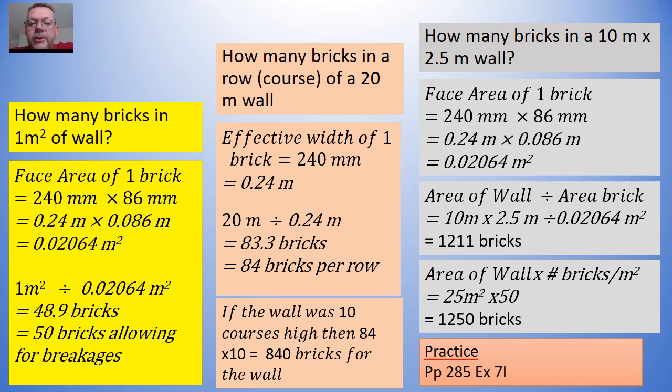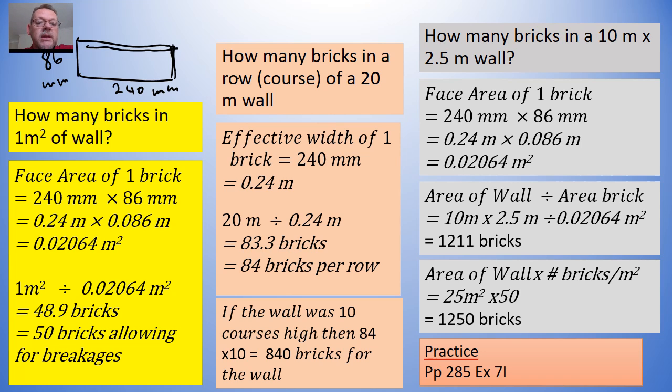So if I want to first of all calculate the number of bricks in a square meter of wall, all I would have to do is work out the face area of a brick. Remember, the face area was 86 high by 240, in millimeters, because we had that little bit of mortar on the brick.